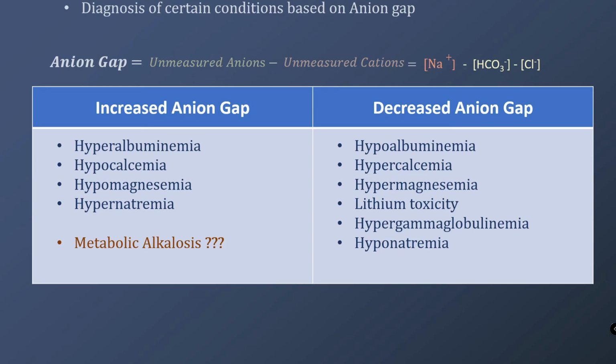That is all you have to remember. All this explanation was just to give you a complete concept, in order to, as I call it, demystify the concept of anion gap, right?